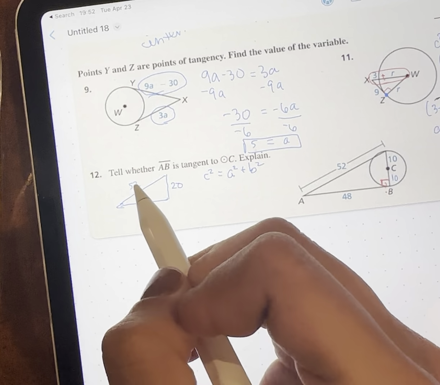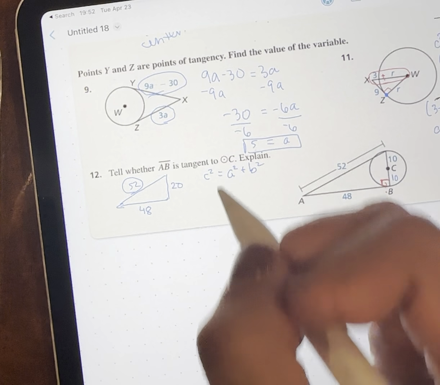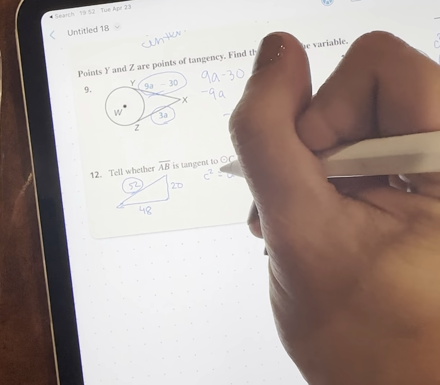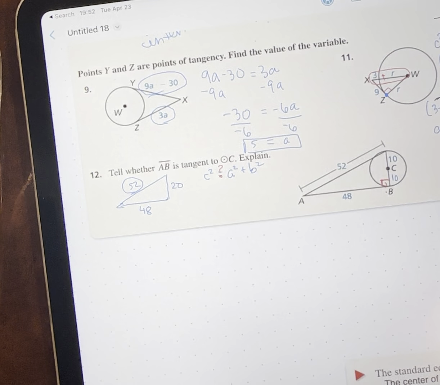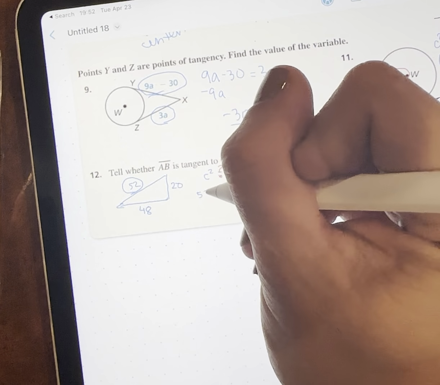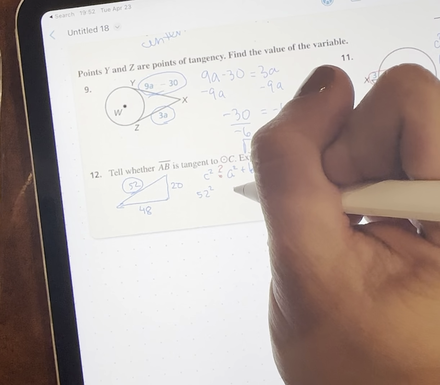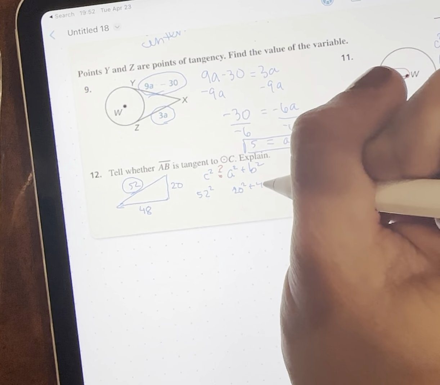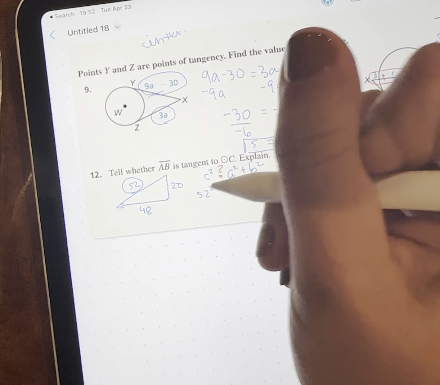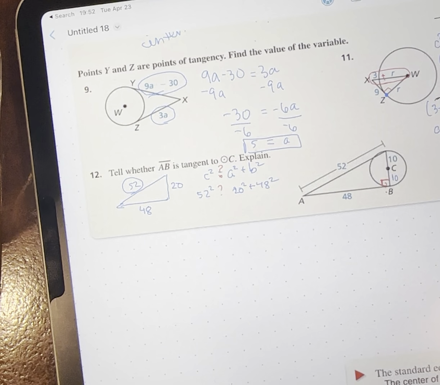So let's see. The longest side is that 52. And this is a question mark. We're not sure. So 52 squared, and then here we have 20 squared plus 48 squared. And I am not going to do this in my head. Let's dig up my calculator.